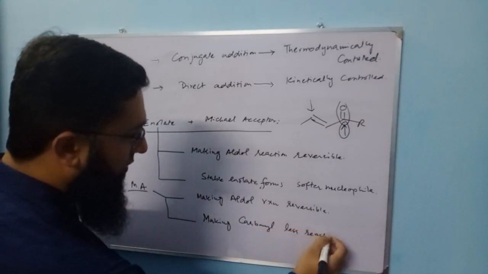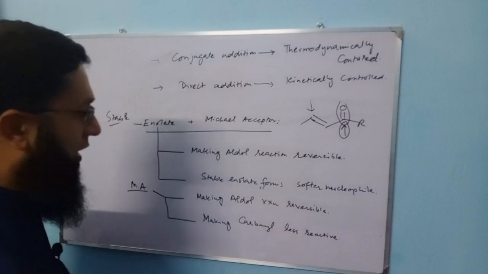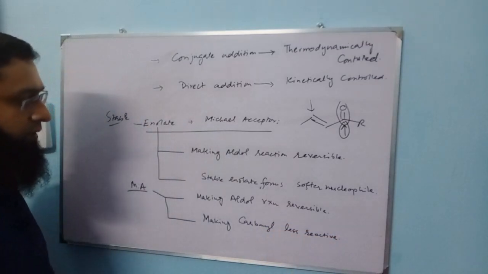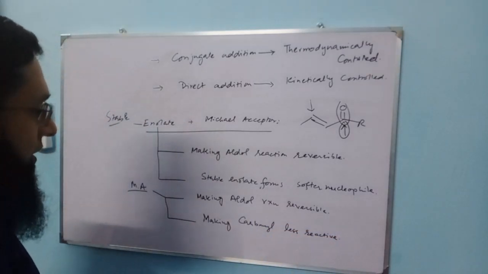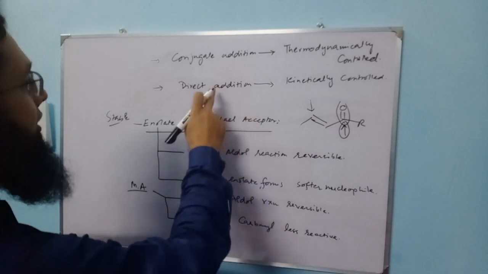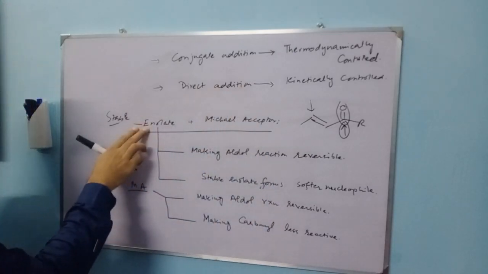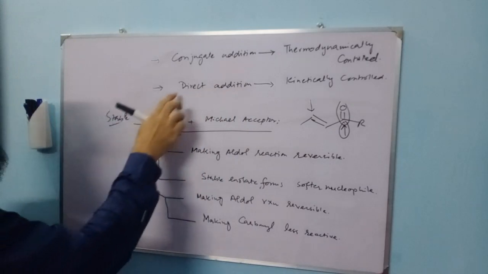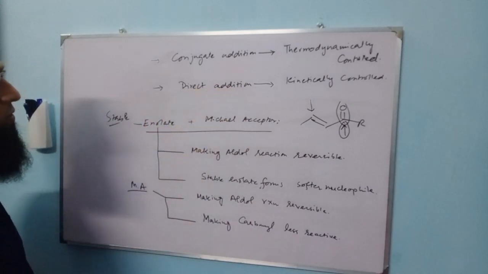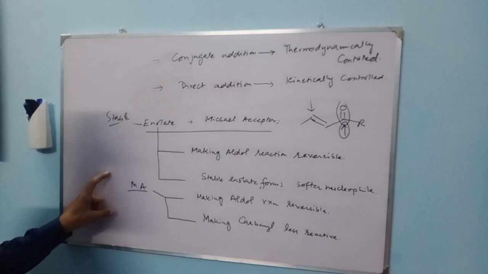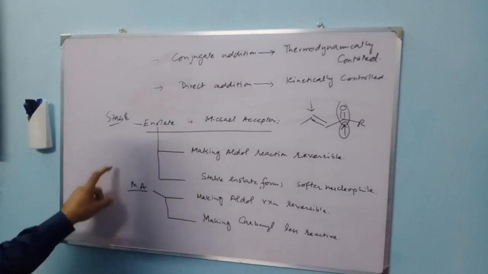As we have discussed earlier, if the carbonyl is very reactive, then we have chances of direct addition, and also if the enolate is not stable, which means it is more reactive, then chances of direct addition are also increased. So these are the factors by which we can control the formation of conjugate addition products.